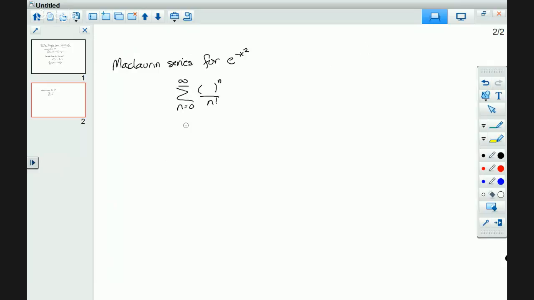If e to the x has an x here, correct? So what am I putting in that place? This is a substitution problem. So everywhere there's an x, I put negative x squared.